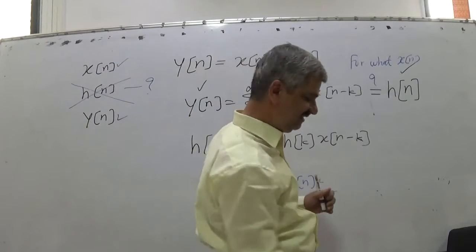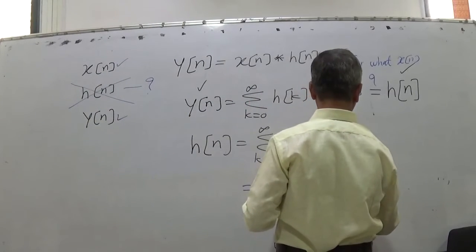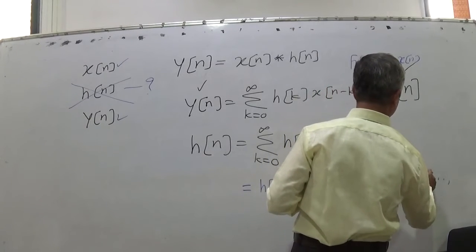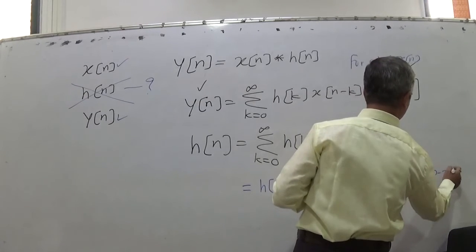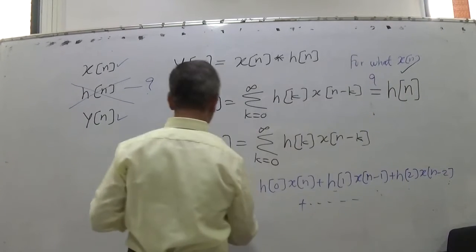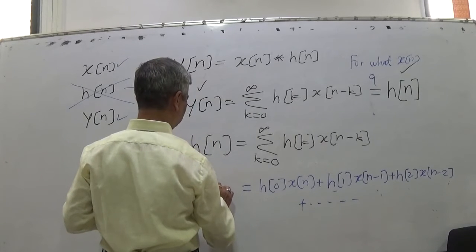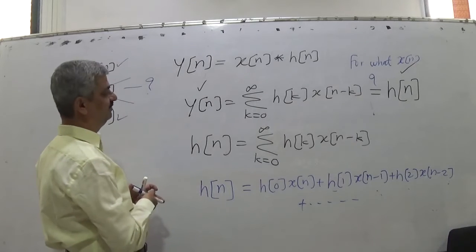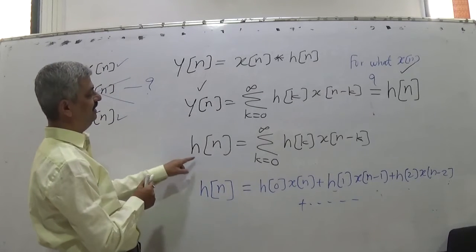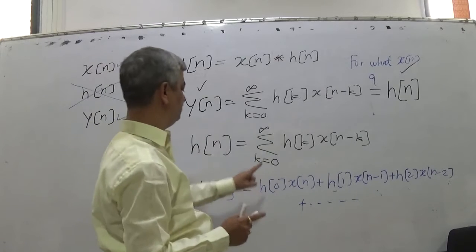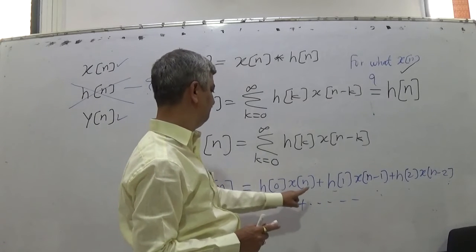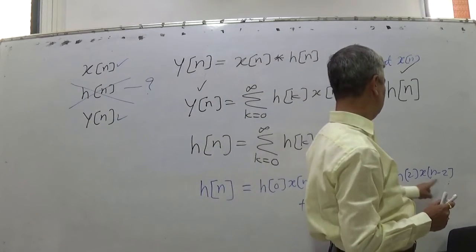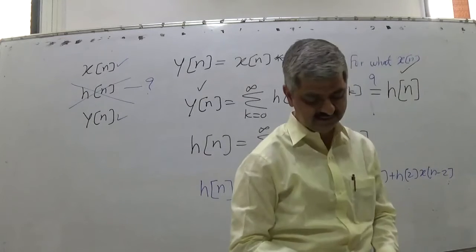So I write like this: H0 xn plus H1 xn minus 1 plus H2 xn minus 2 and so on. And that must be equal to Hn.